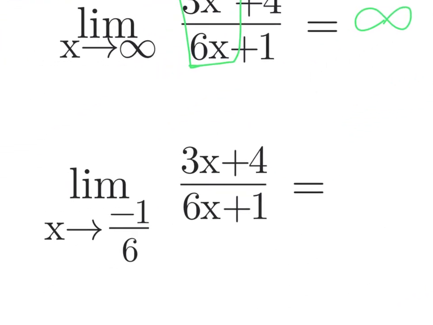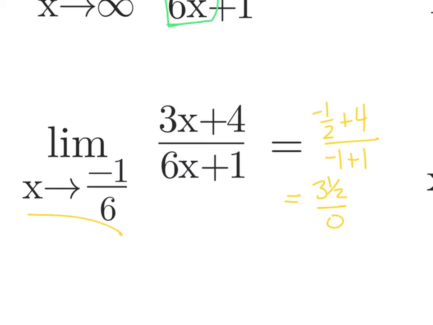Pay attention. We see that limit. x is not approaching infinity. So we're going to let x turn into negative 1/6. And 3 times negative 1/6 is going to be negative 1/2 plus 4. Negative 1/6 times 6 is negative 1 plus 1. We have this situation with 0 in the denominator. We'll have 3.5 in the numerator, 0 in the denominator.